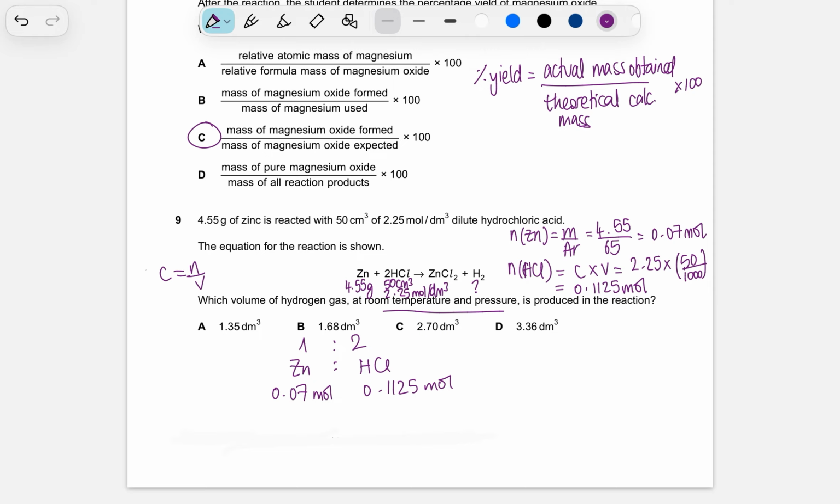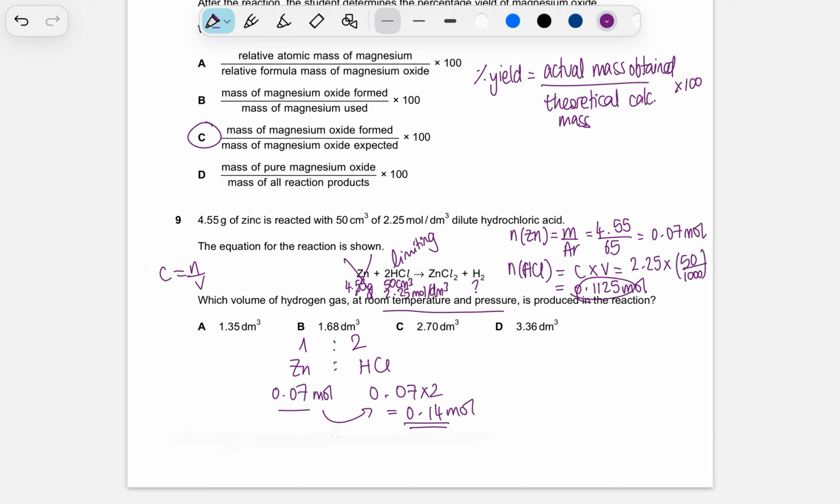If we have 0.07 moles of zinc, using the 1 to 2 ratio, I would have 0.07 times 2, which gives you 0.14 moles of hydrochloric acid it should be reacting with. But in reality, we have less. We've got 0.1125 moles. So this means that my hydrochloric acid is limiting and the zinc is in excess.